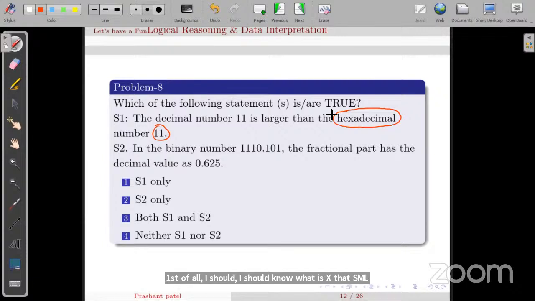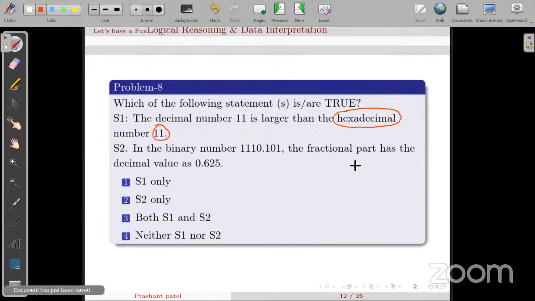Anyone know what a hexadecimal number is? Yes, anyone?